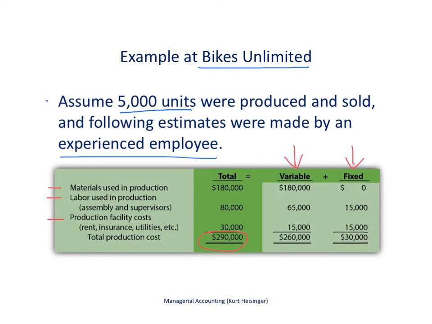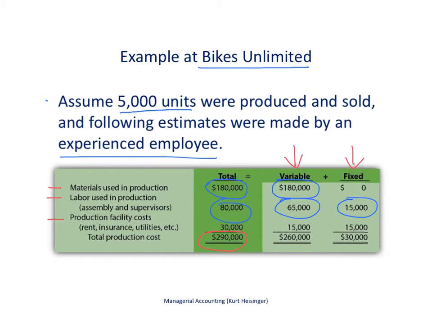This employee then determined that, I'll take these line by line, that for the materials that were used in production, this $180,000, all of those materials were determined to be a variable cost and therefore are in the variable cost column. The labor that was used in production looks like $65,000 of that was variable, typically the assembly line workers, and $15,000 of that was fixed.